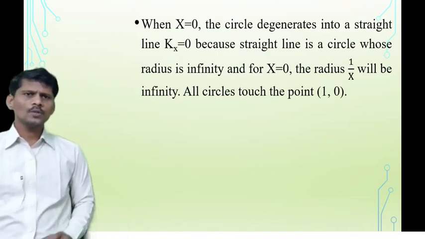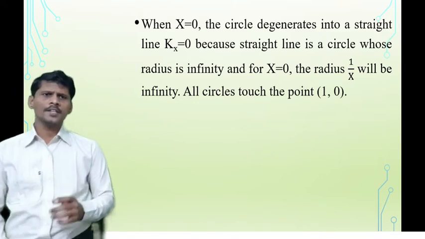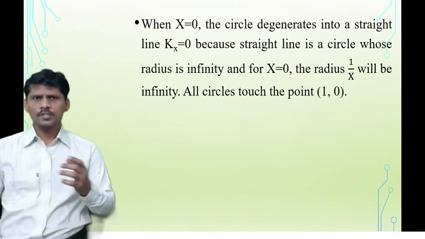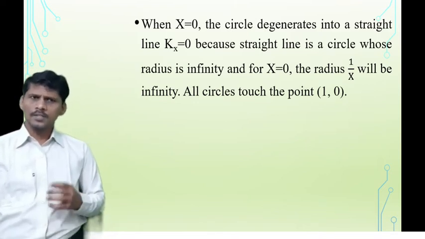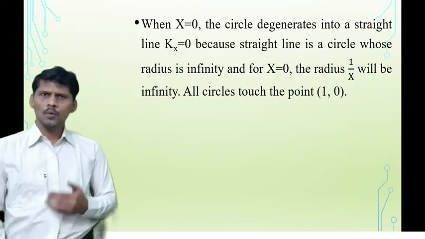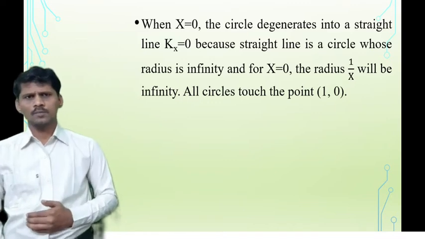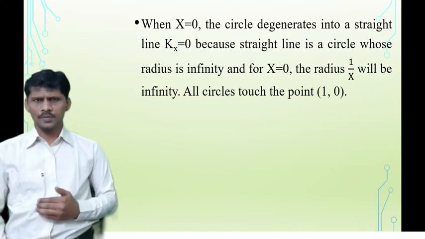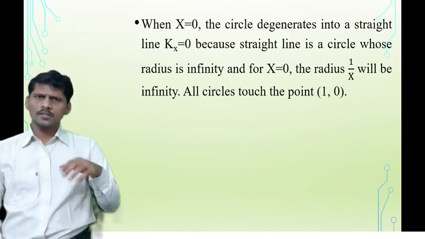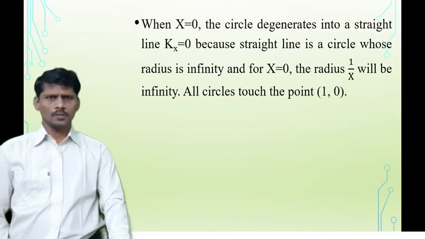When x is equal to 0, the circle degenerates into a straight line, kx is equal to 0, because a straight line is a circle whose radius is infinity, and for x equal to 0 the radius 1 by x will be infinity. All circles touch the point 1 comma 0.